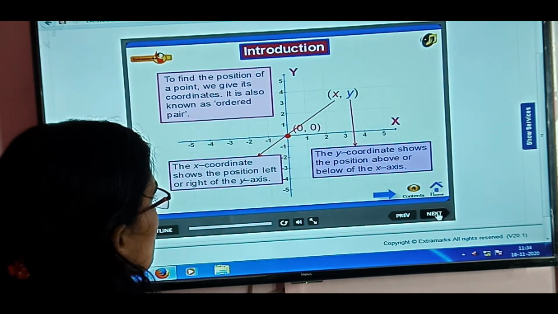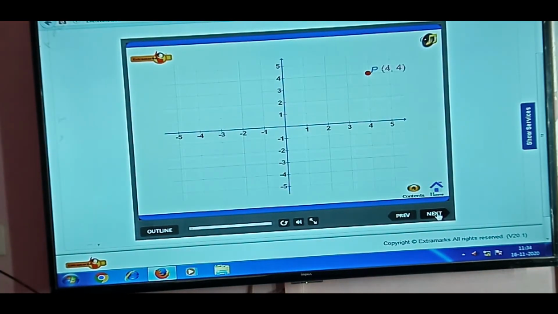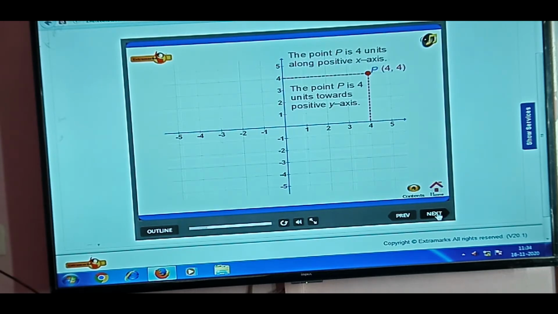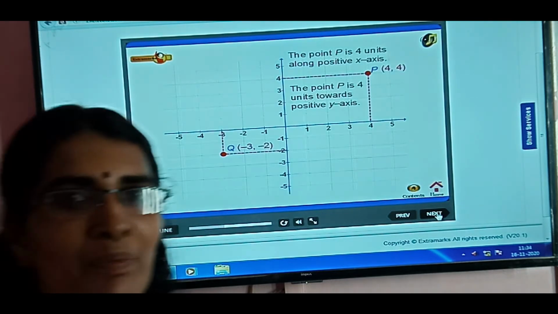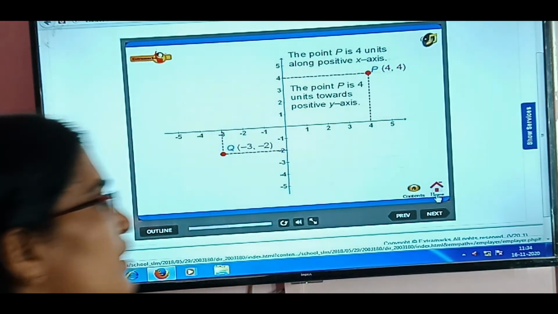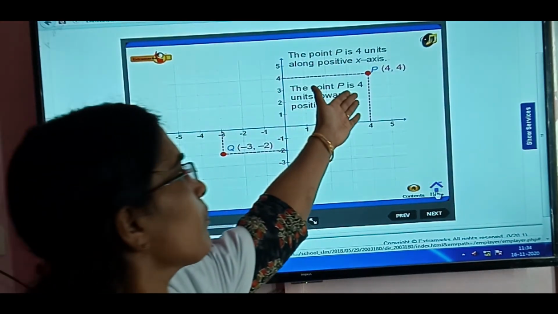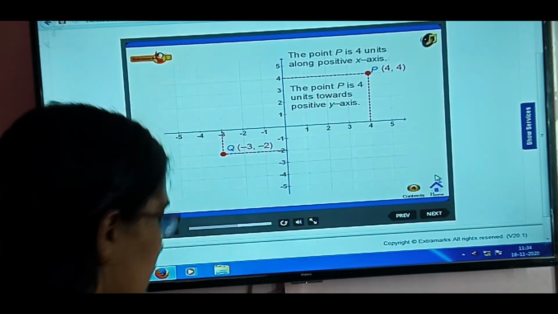Let us move to next page. A point P with the given coordinates can be represented on the coordinate axis in the following way. Similarly, another point Q with the given coordinates can be represented in the following way. The location of any points on a Cartesian plane you have already studied. Here it is given how to locate the points 4, 4 and minus 3, minus 2.